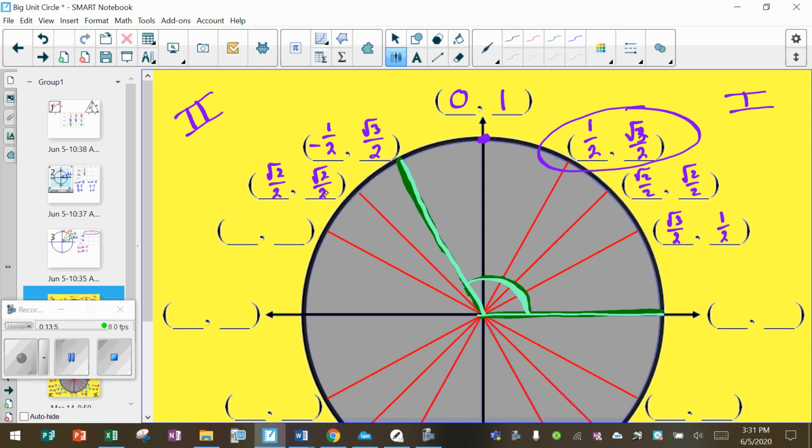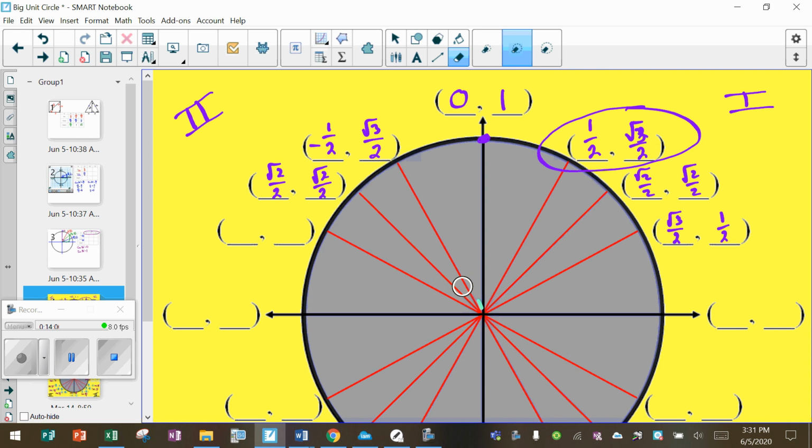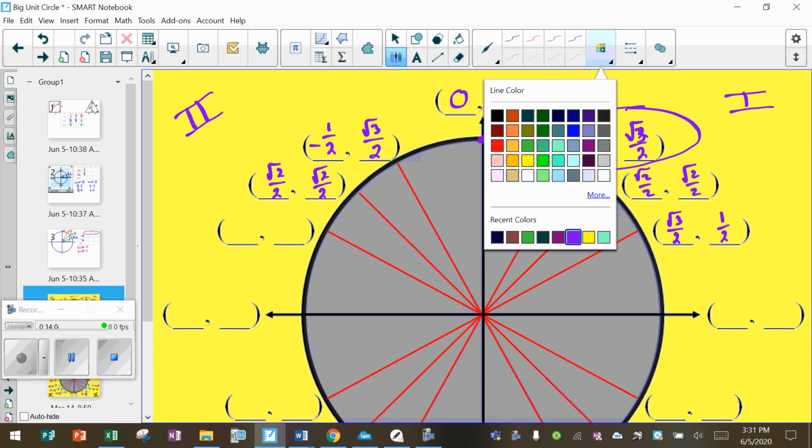So, for our next angle, which would be 135 degrees from the positive x-axis, and 135 degrees from the positive x-axis would be a reference angle of 45 degrees from the closest x-axis.